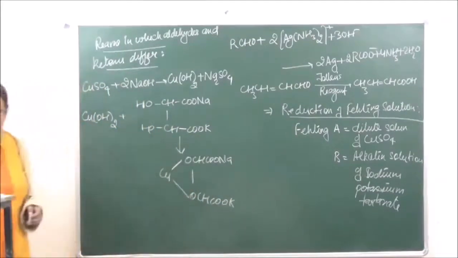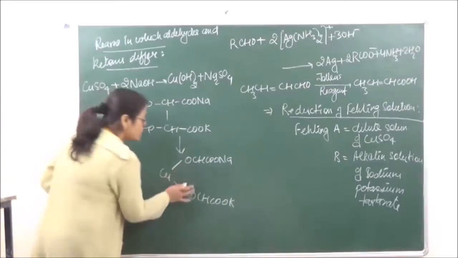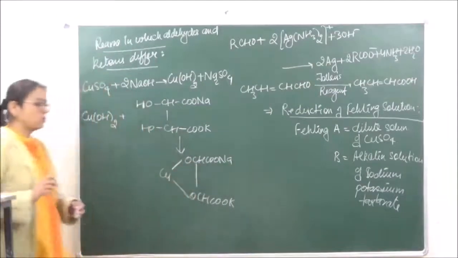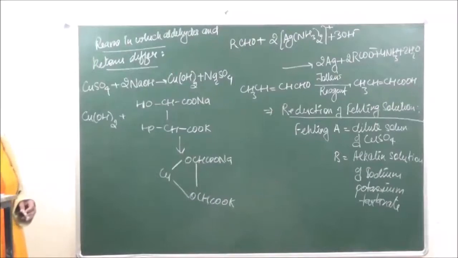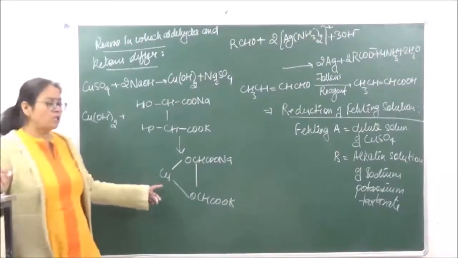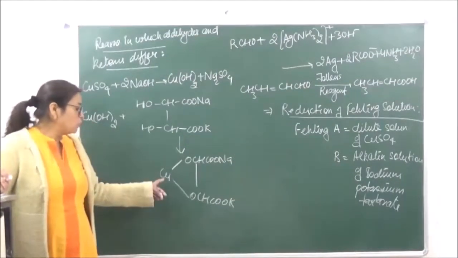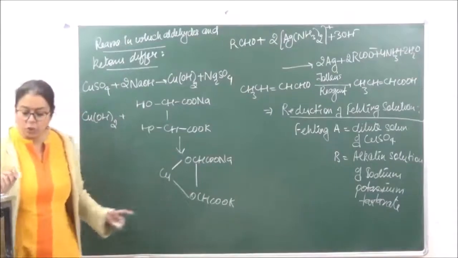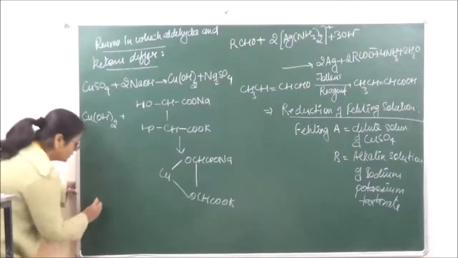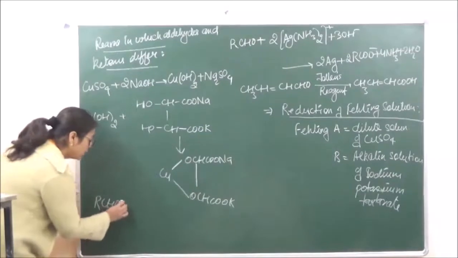So this is a deep blue solution which we are going to get. This bond is between both the carbons, not the oxygens. So it is basically the reaction of Cu2+, which is blue in color. The reaction with Cu2+ is going to give us a reddish brown precipitate.